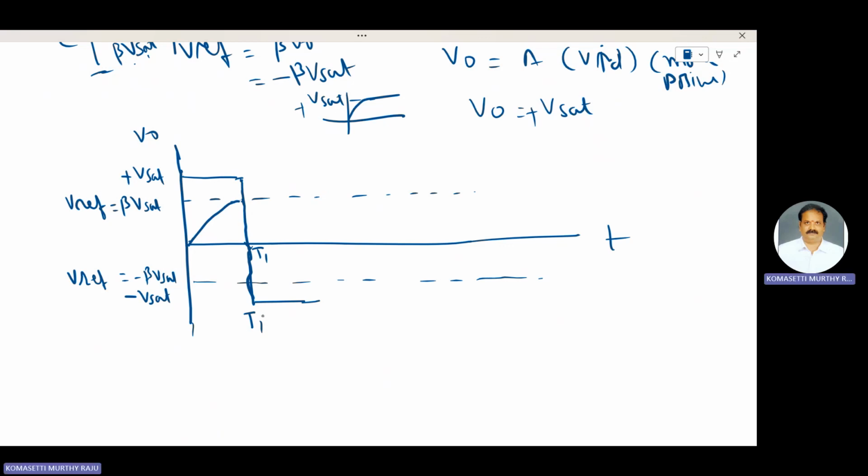Once it switches to minus V sat, the capacitor discharges more and more negatively and reaches this point. At that instant, the output of the astable multivibrator switches to plus V sat.